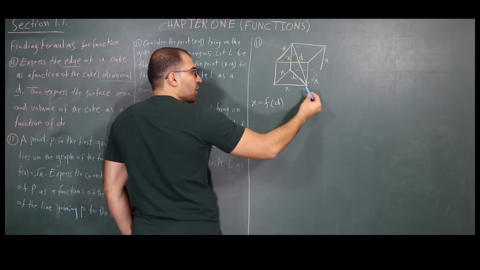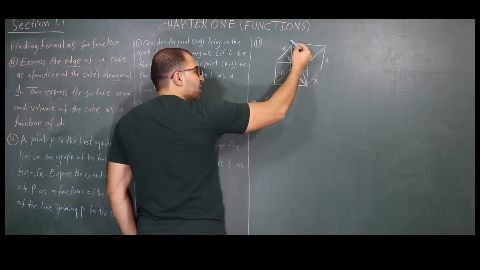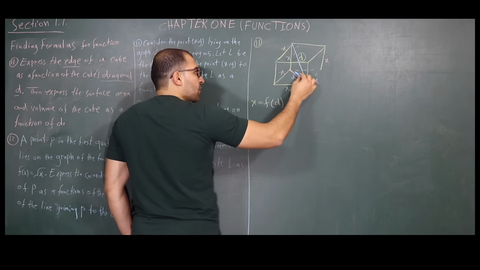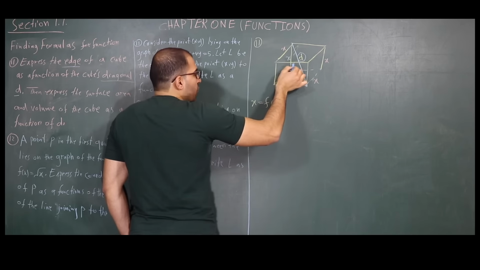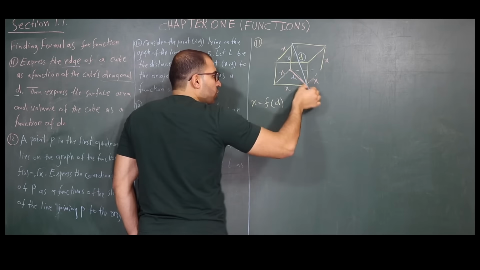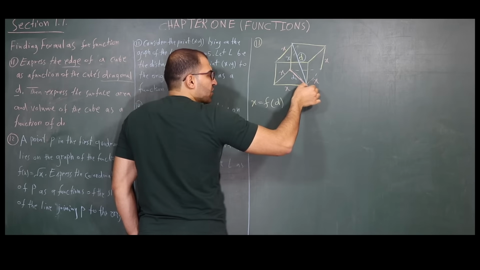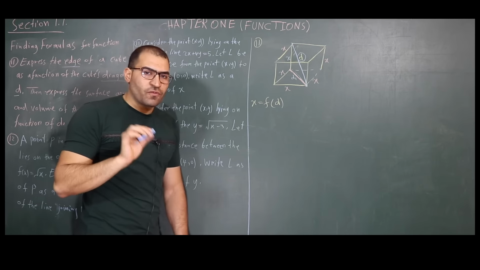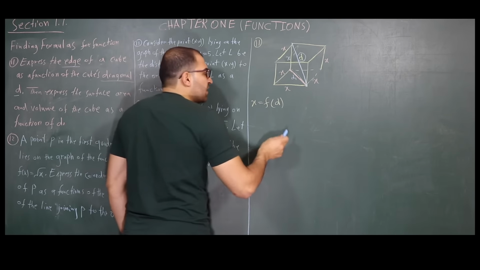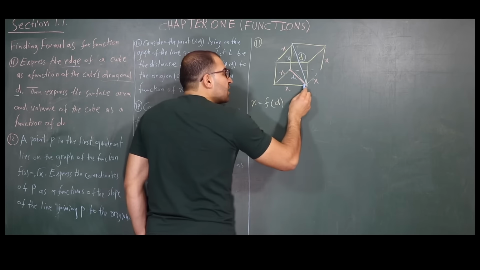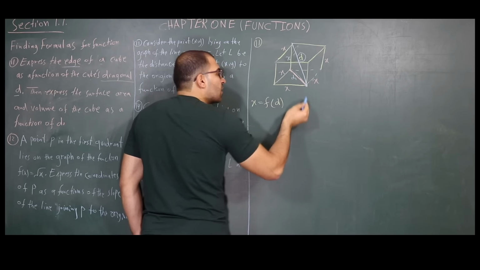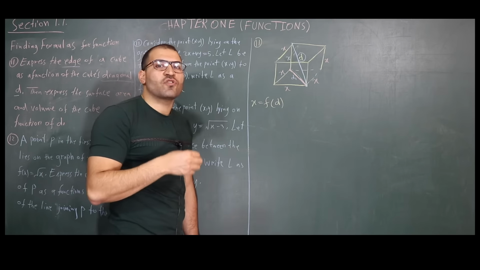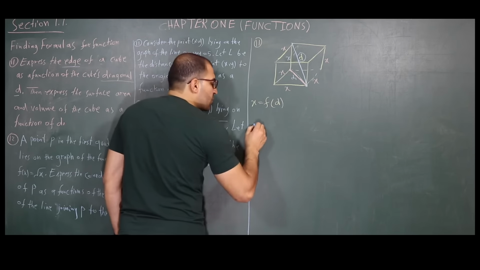So I need to find a relation between the diagonal that I'm looking for, this diagonal, and this vertical line. But the problem is I don't know the expression of this diagonal of the square. So the first step is finding the expression of the diagonal of the square, not the diagonal of the cube.